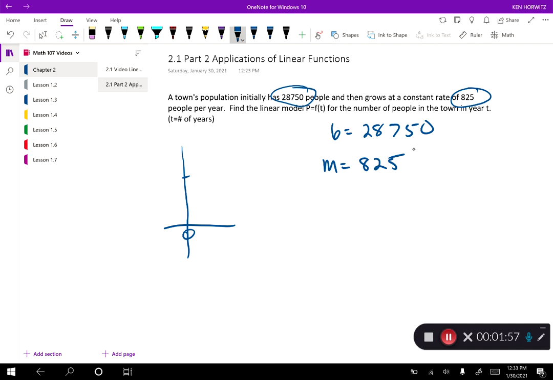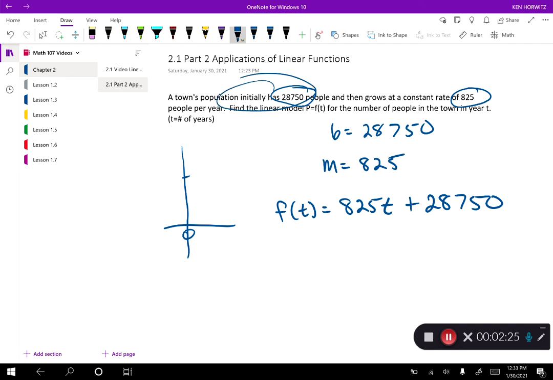All right, so our f of t, right, because f is what's in the problem, is going to be 825 times the number of years since we started counting, plus 28,750. All right, so we can double check our work quickly by saying in year 0, we have 28,750, which is what we initially should have.